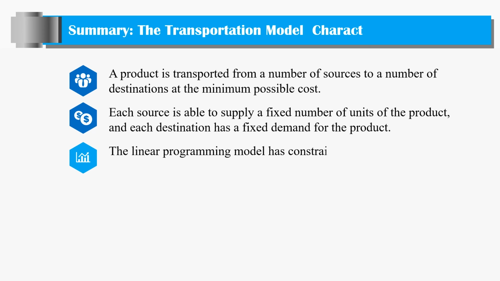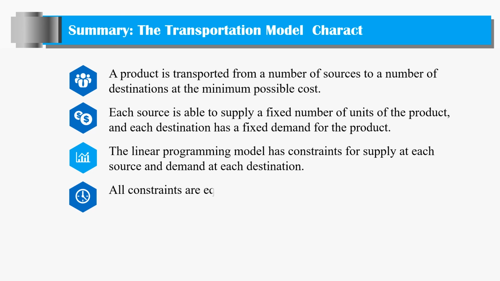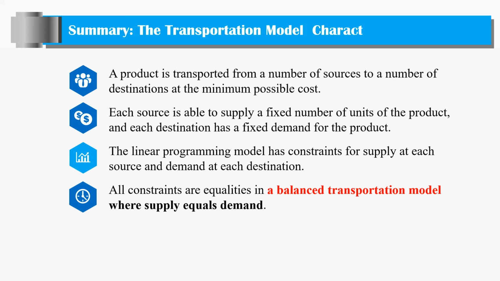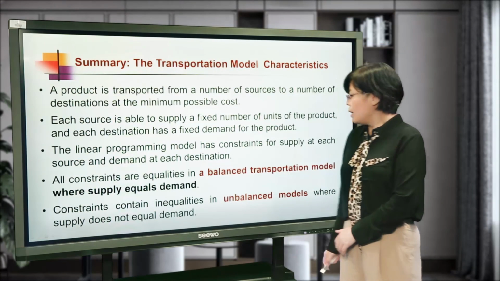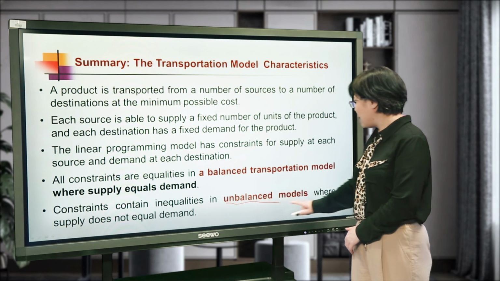Third, the linear programming model has constraints for supply at each source and demand at each destination. Next, all constraints are equalities in a balanced transportation model where supply equals demand. Constraints contain inequalities in an unbalanced model where supply does not equal demand. So this is an unbalanced model.